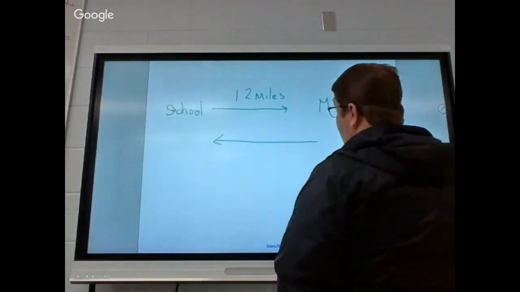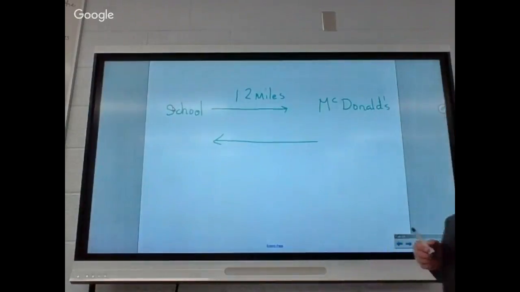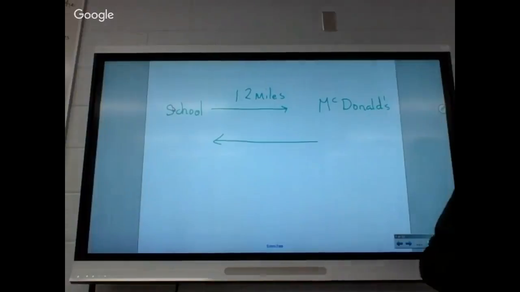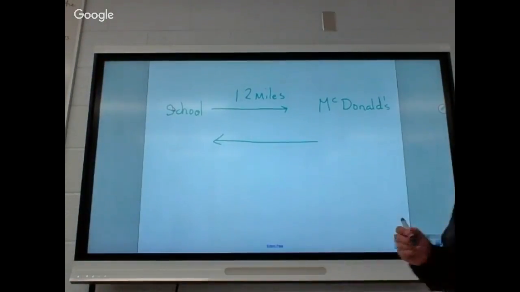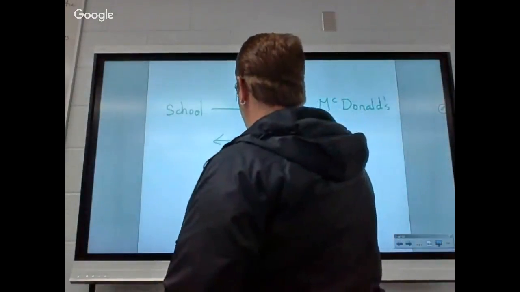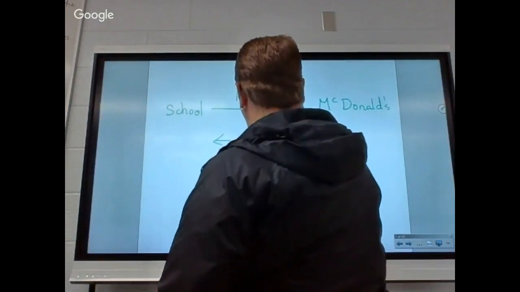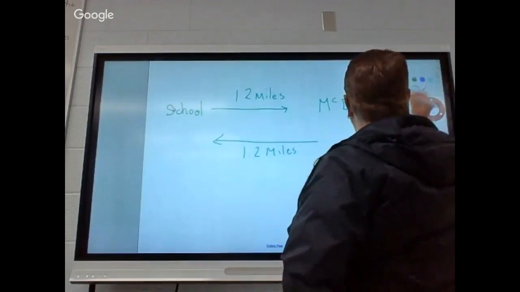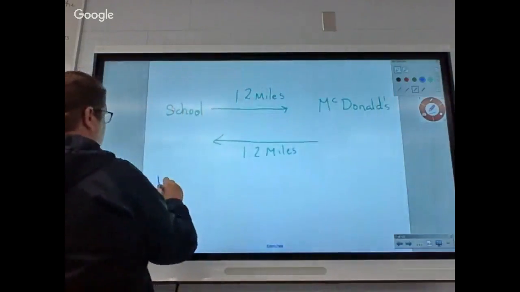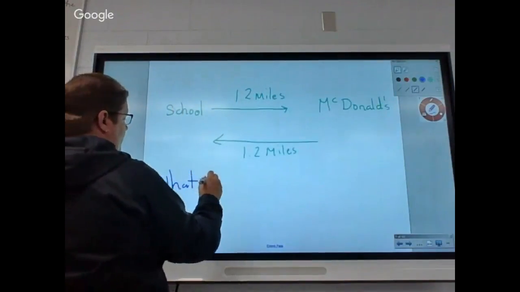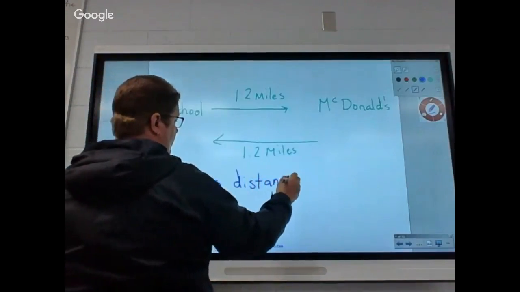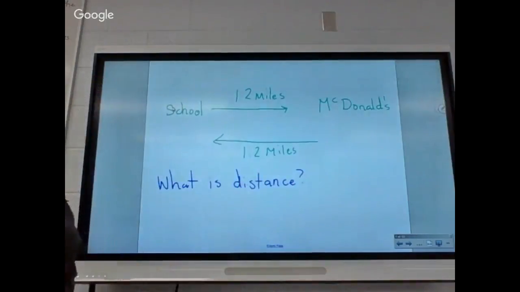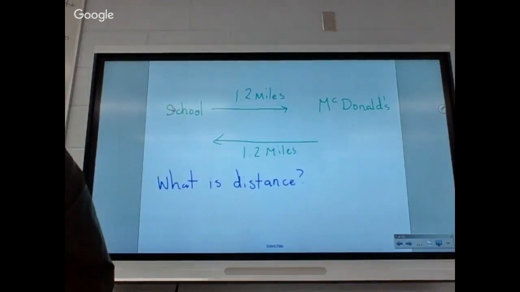Now, if we have to walk 1.2 miles to McDonald's, and we get to McDonald's and we're coming back to school, how far is it back to the school? Same. So it's still 1.2 miles, right? Now, what is the distance that we travel?